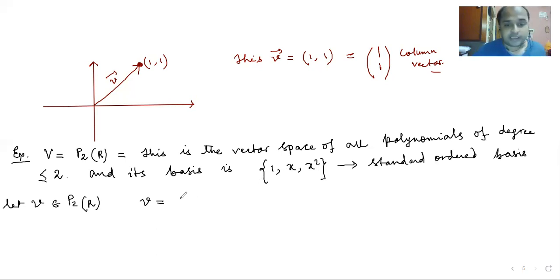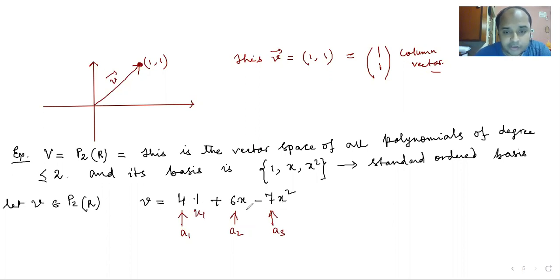So in the book they are choosing 4 into 1 plus 6 into x minus 7 into x square. In their case, this is your a1, this is your a2, this is your a3, and this is your u1, this is your u2, this is your u3.